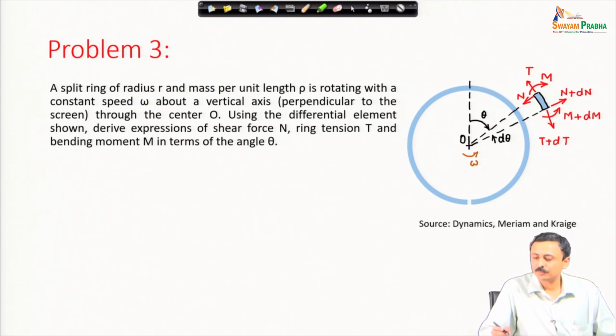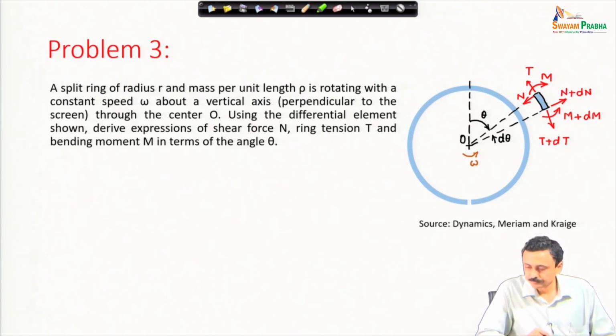This force, which is perpendicular to the ring element, is the shear force; the force along the ring element is the tension; and bending moment is a moment which tries to bend the element. We have to solve for these as a function of theta, and you should notice how theta is being measured from this dashed line.